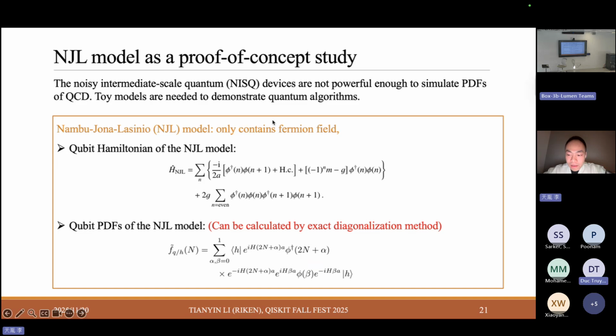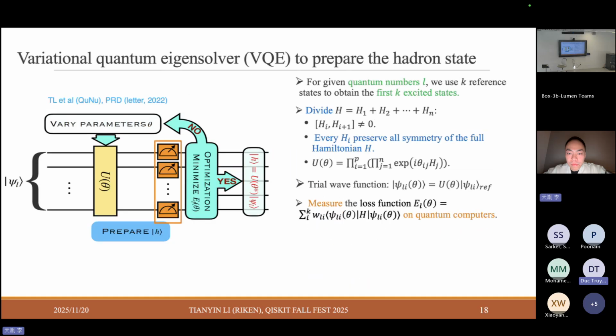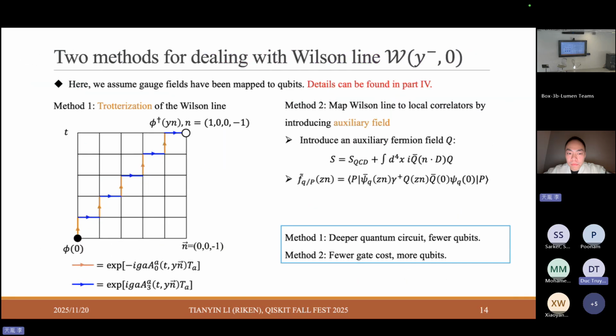Sorry, could you explain how you implement the Wilson line in the quantum computer, because it's a gauge field? You mean how I map the gauge field to qubits? Yeah, the quantum gate.